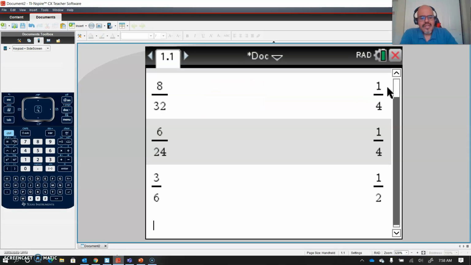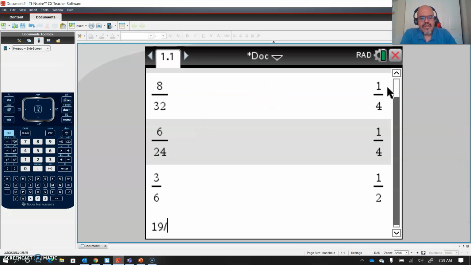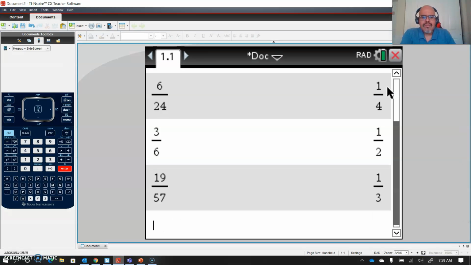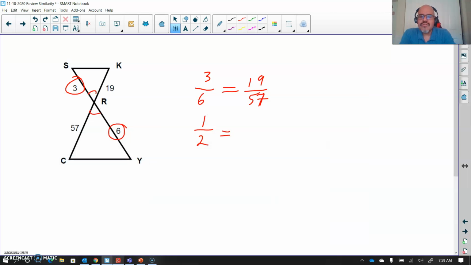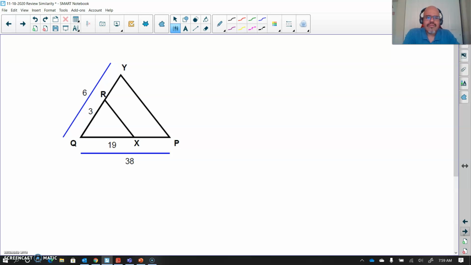And 19 divided by, I think that was 57. Yeah, 57. That 7 didn't look too good. That's 1/3. And because these are not equal, they're not similar. We almost had it by side, angle, side similarity, but on this particular one, no. It had a falling out.